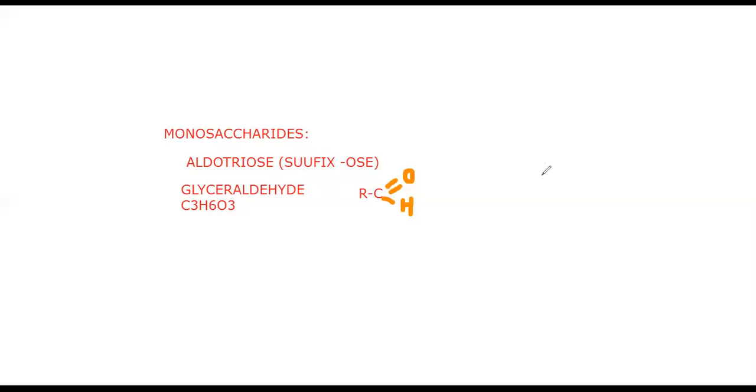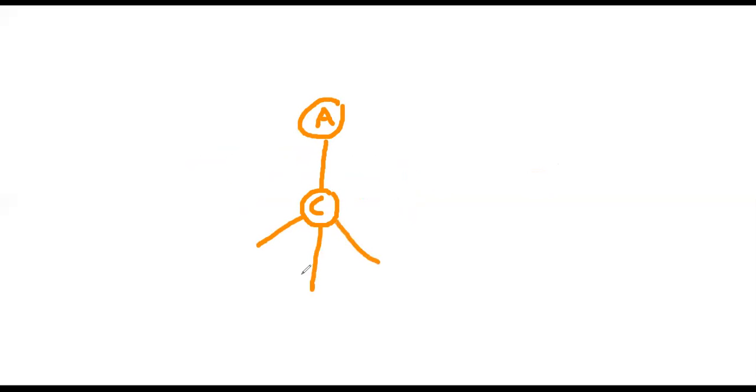So if it's the carbon here, and there's one of the groups here, it's called A, and then there is another group, and another, because this is the tetrahedral carbon, and X here, Y here, and Z here.